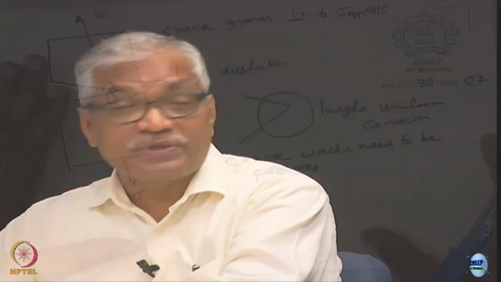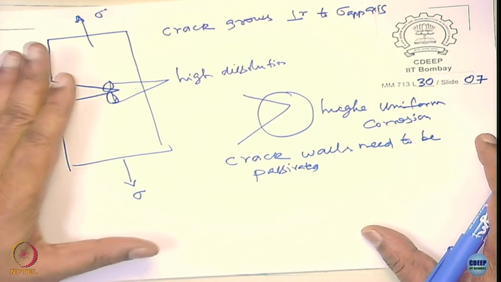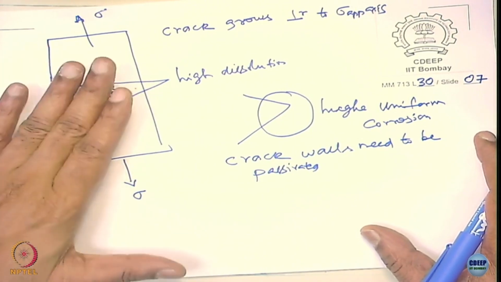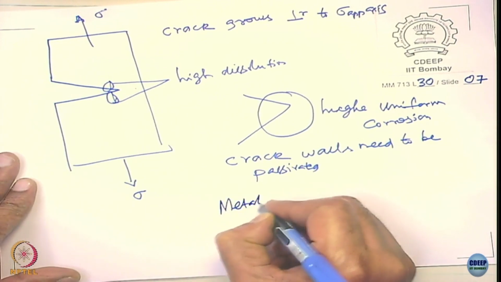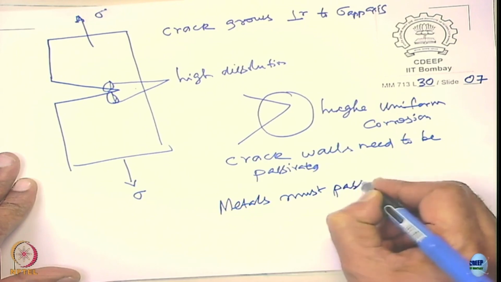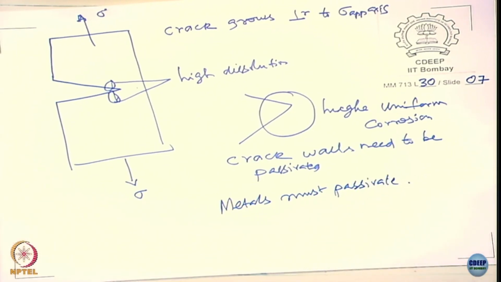Otherwise SCC will not occur. Assume that I am going to use a very strongly corroding acid, SCC will not occur. So one criterion is that the metals must passivate. If they do not passivate, they do not undergo stress corrosion cracking. The film has to be there on the surface.